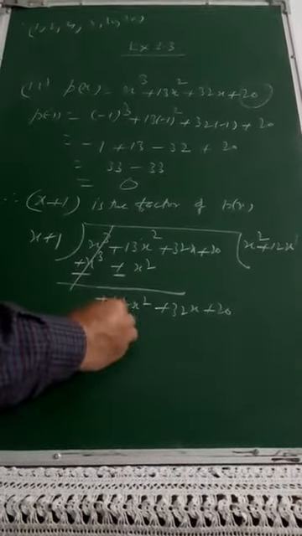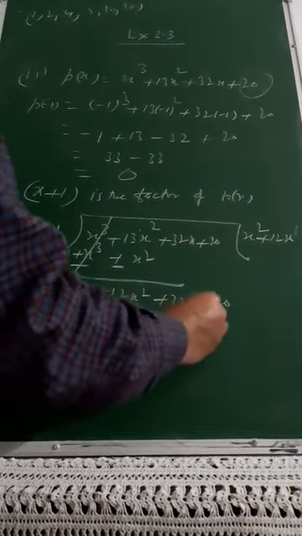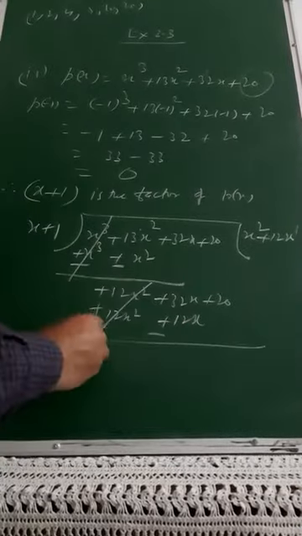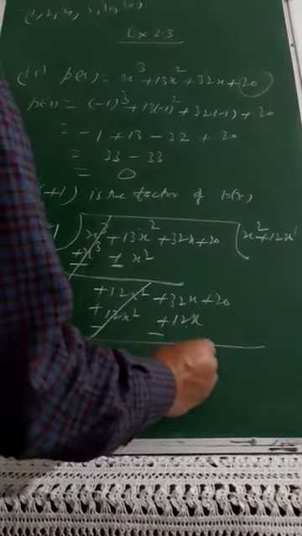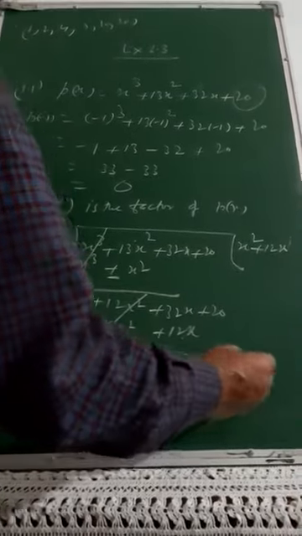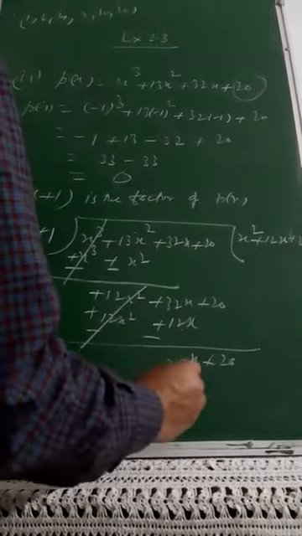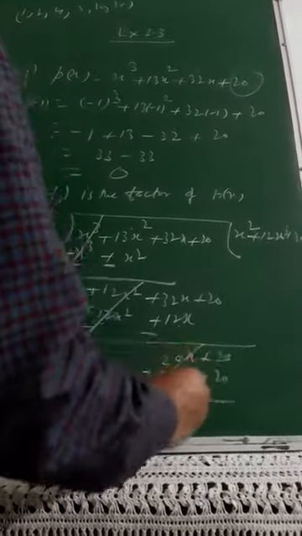So it will make it 12x square plus 12x, like terms underneath like terms. Again this is gone, the higher degree. 32 minus 12 is 20, so you are getting 20x plus 20. So finally you can multiply it by 20 only, which will make 20x plus 20, and plus minus both will cancel.